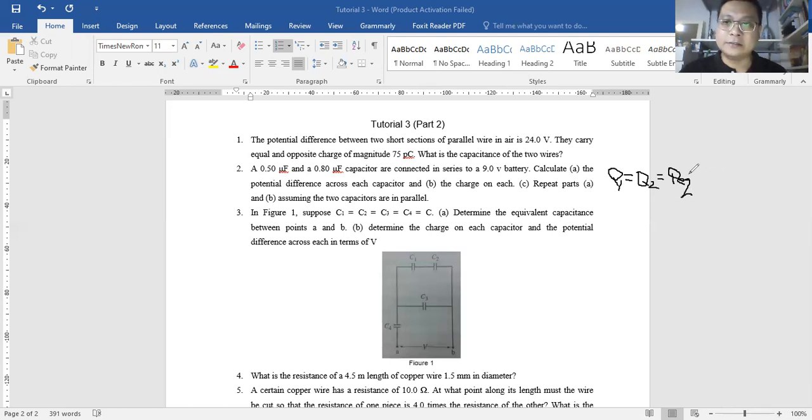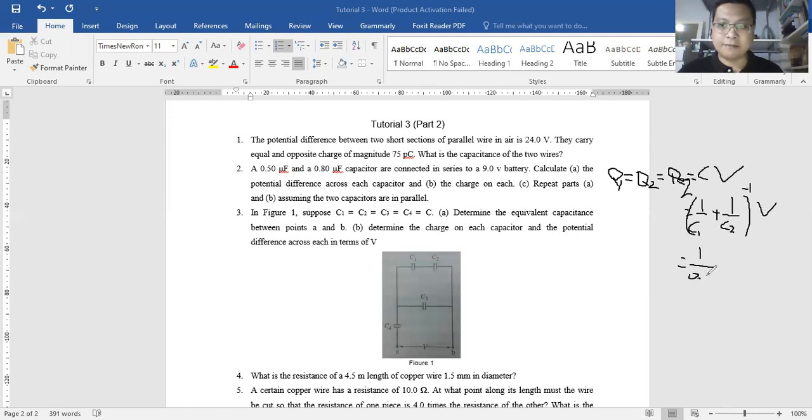Now we can calculate the equivalent, which is C times V. Because it's a capacitor in parallel, we can rewrite it in the parallel formula times V. So now we can finish it.